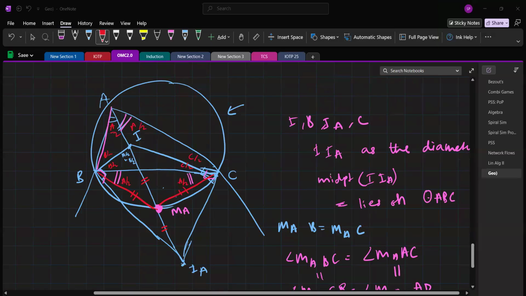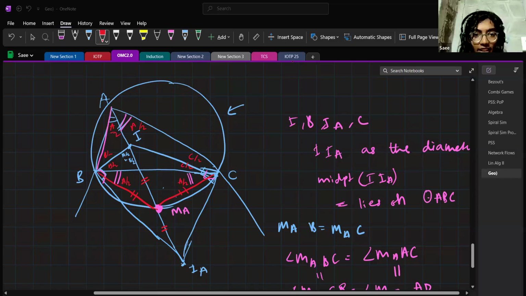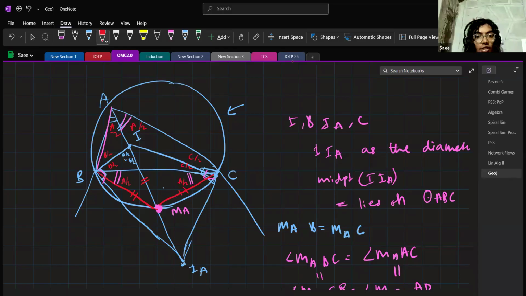Can you repeat again how MAI is equal to MAIA? Yes, that's a great question.